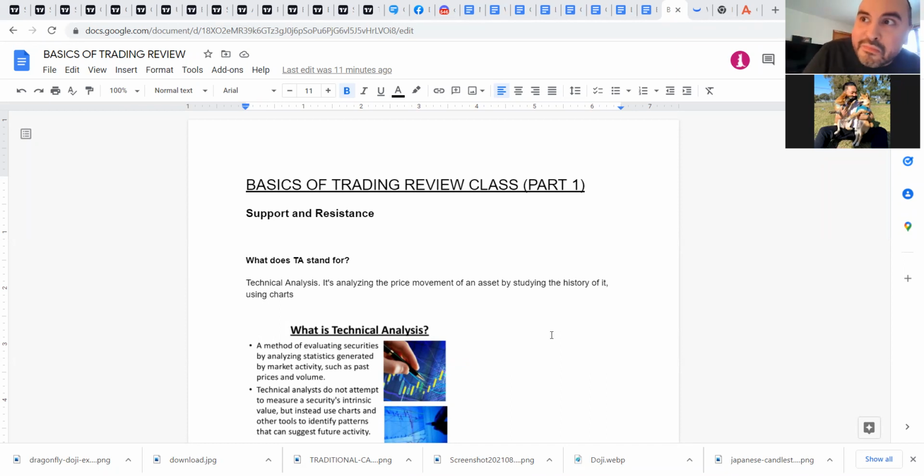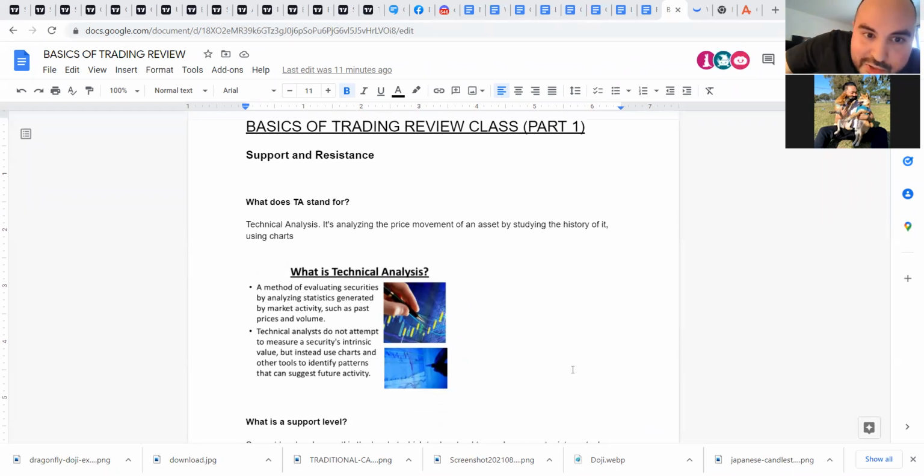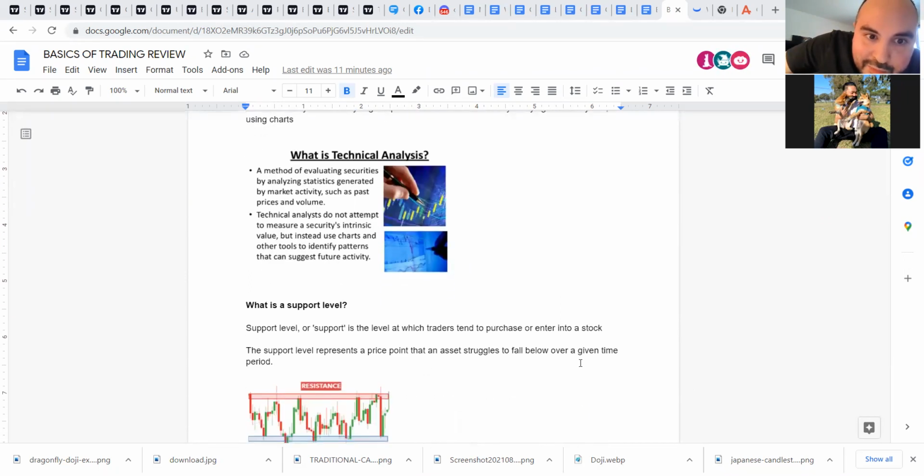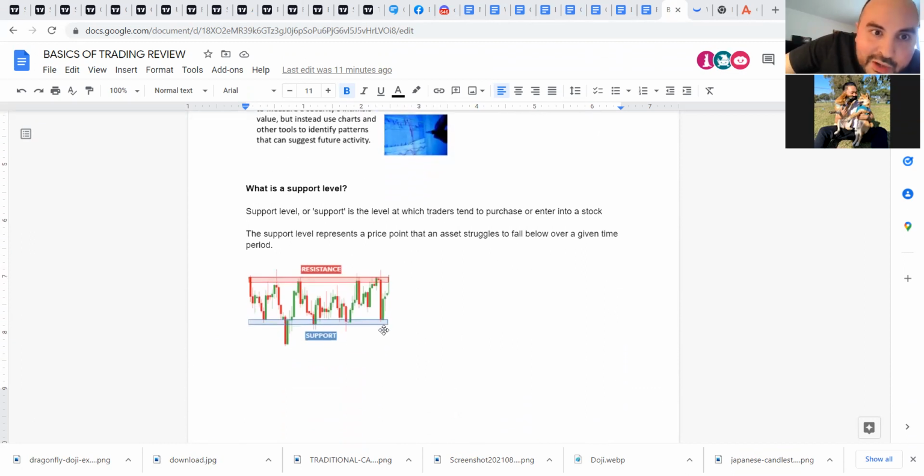This is something that has a high probability of success, which is why we're at 90-something% accuracy since we started trading this way. So that's all TA is. Don't overcomplicate it. What are support levels and resistance levels?